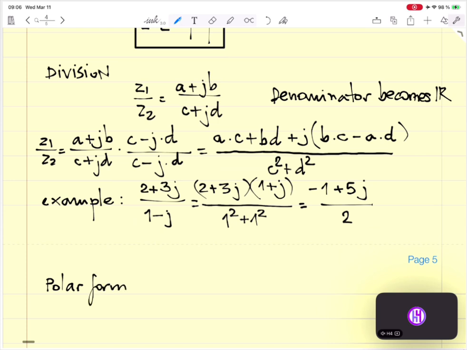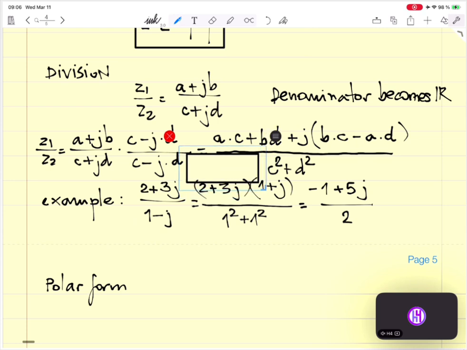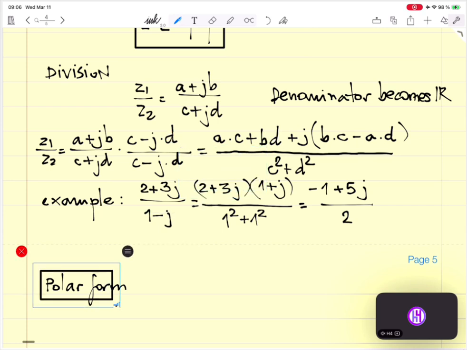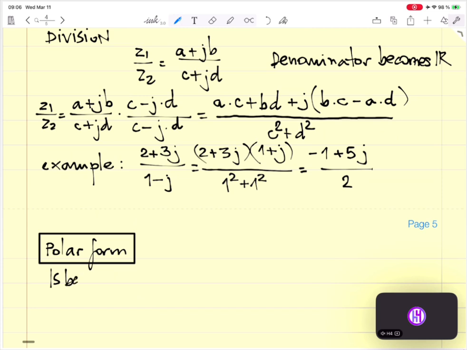Polar form is best for multiplication, division, and powers.